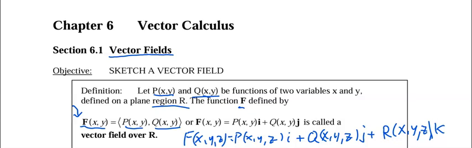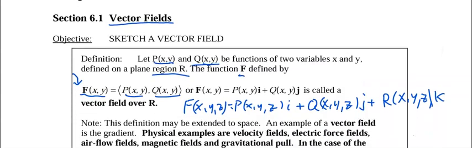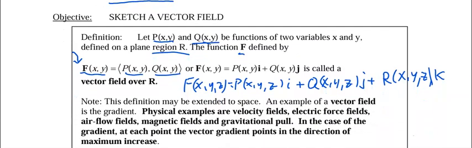So what is this? We're going to graph it in a second here. Examples of vector fields are what? Just like an electric force field, or velocity fields. If you look at the river, at every point on the river there's a flow. So every point has some kind of vector you can create, right?